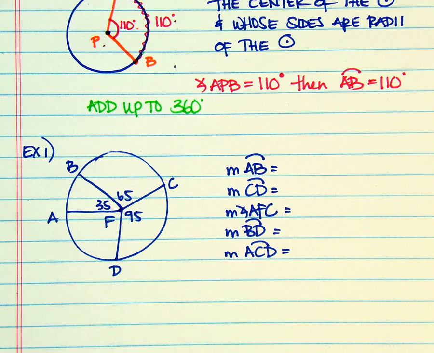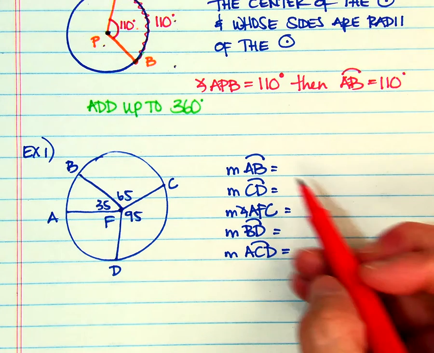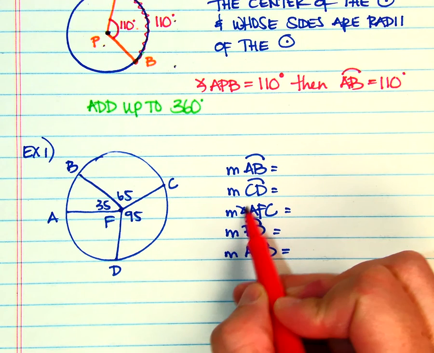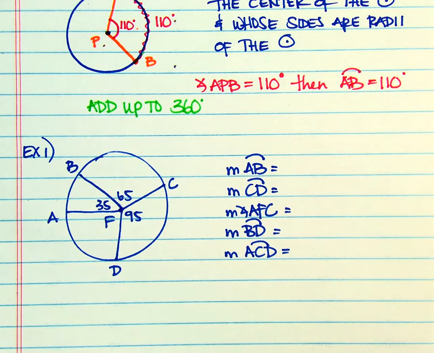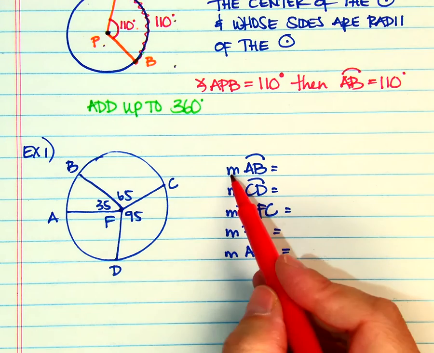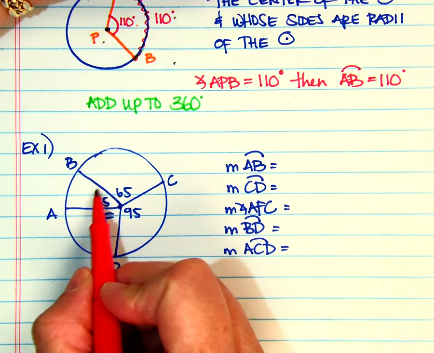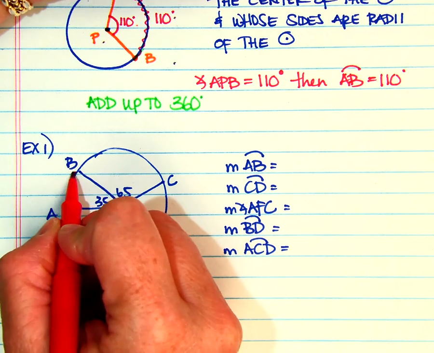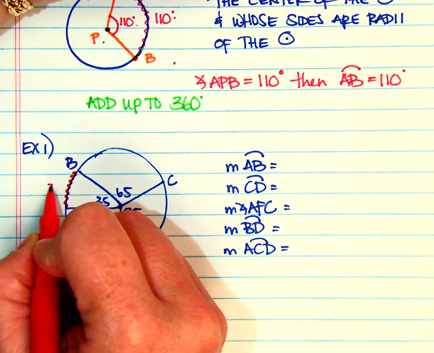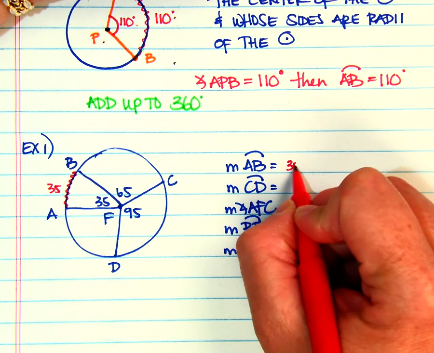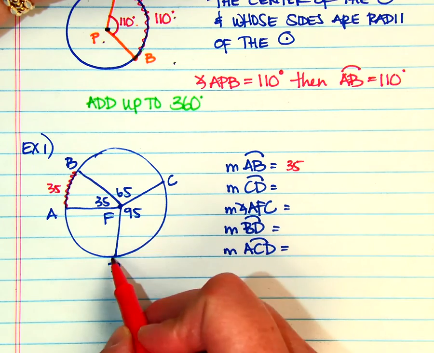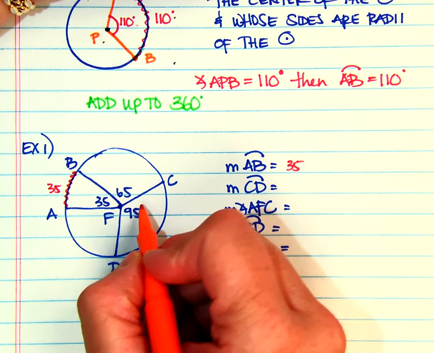Okay, so you really need to be paying attention to arcs versus angles. So if I'm looking at AB, if this angle is 35, then this arc is also 35. CD, I like using different colors.